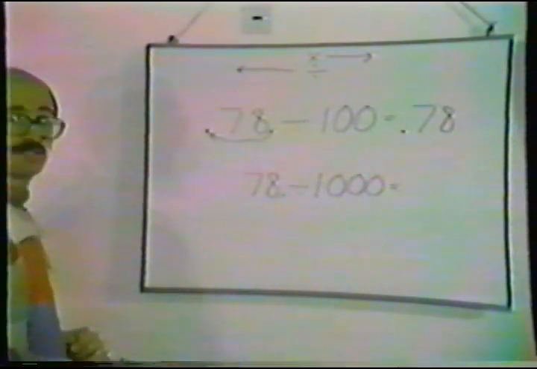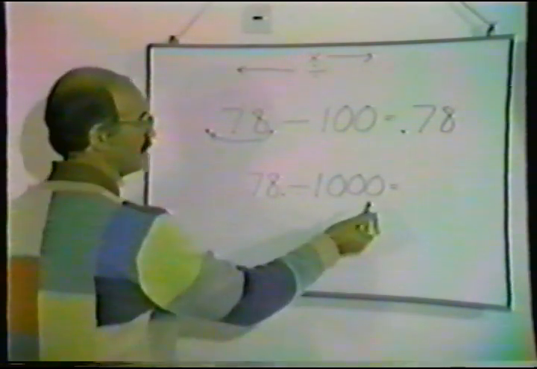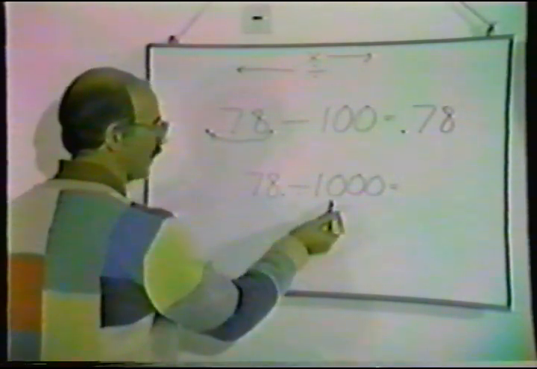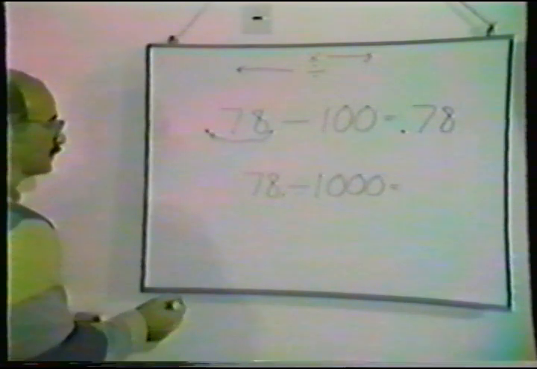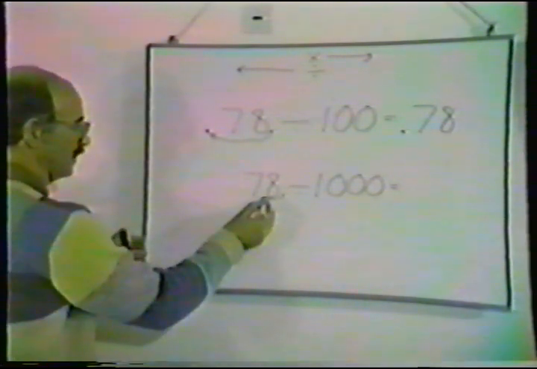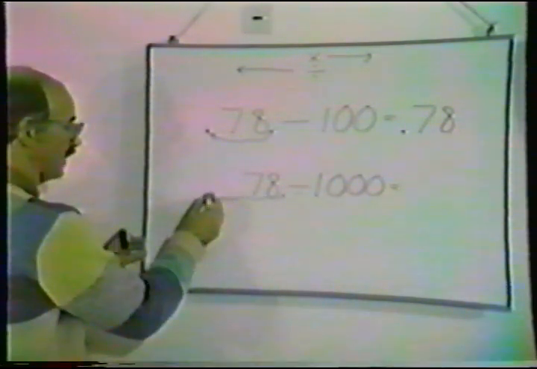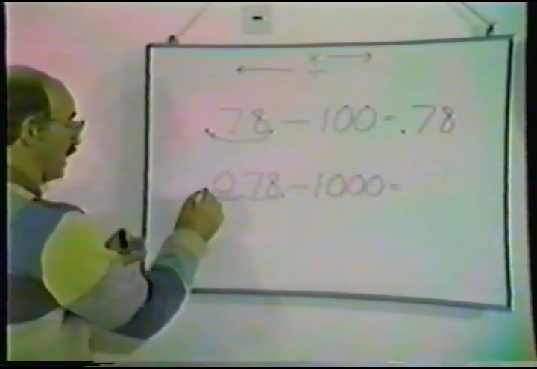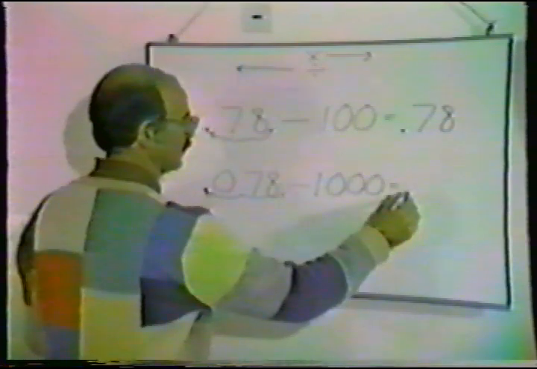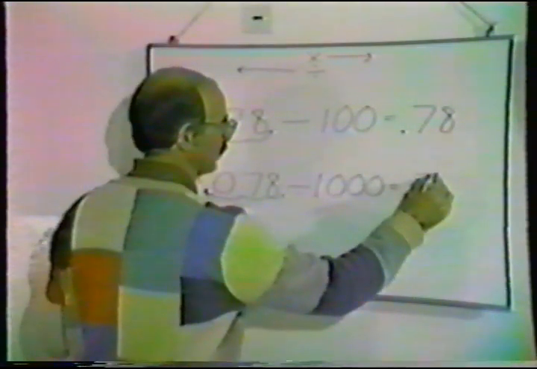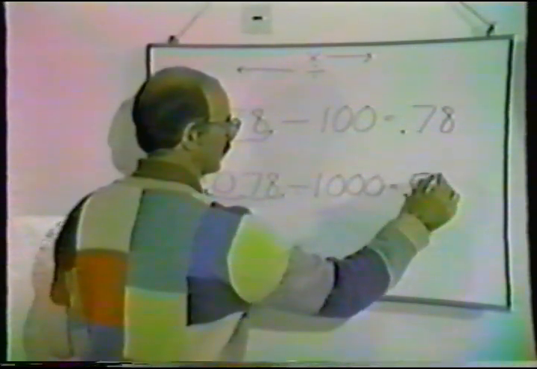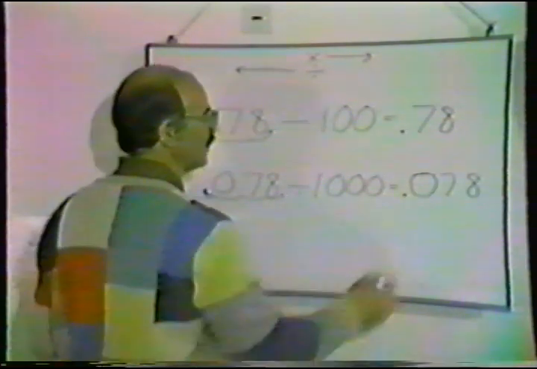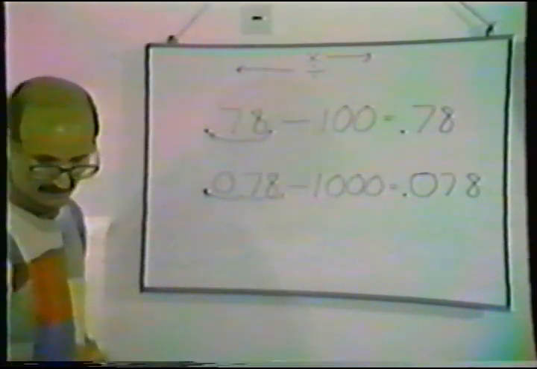How many places to the left will we move it to divide by 1,000? 3. 1, 2, 3. The answer is 78 thousandths.